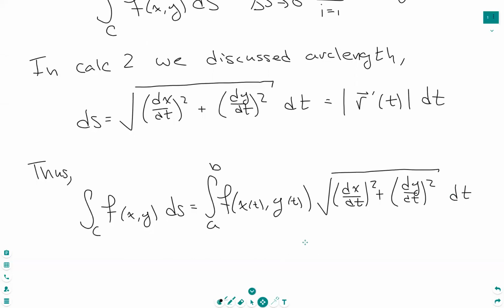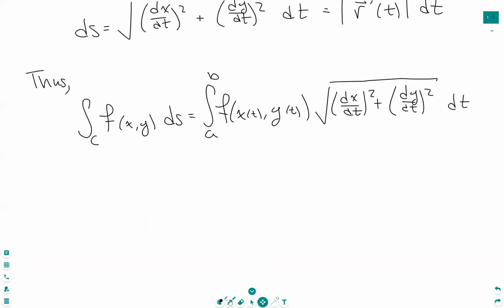So even though we did this in R2, this relationship extends to Rn. So rather, we can write still the same notation on this side.